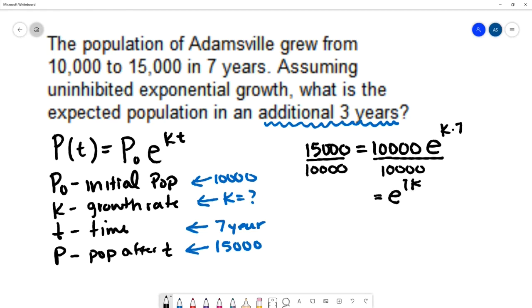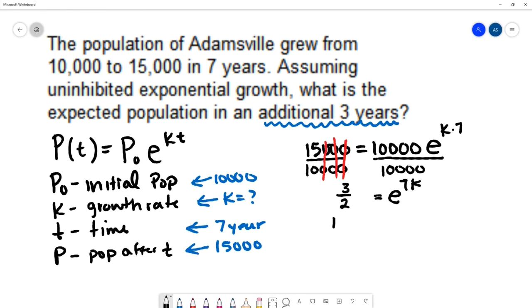On the left, we can cancel those zeros out, canceling out factors of 10. And then we can reduce 15 over 10 using a factor of 5. 5 goes into 15 3 times, 5 goes into 10 2 times. So we've got 3 over 2 equals e to the 7k.